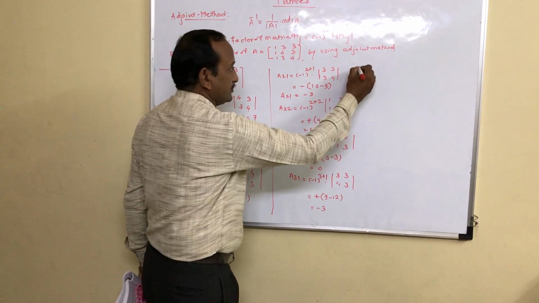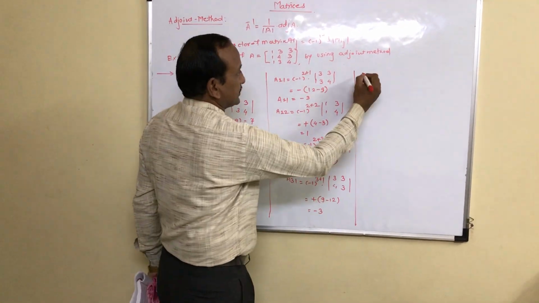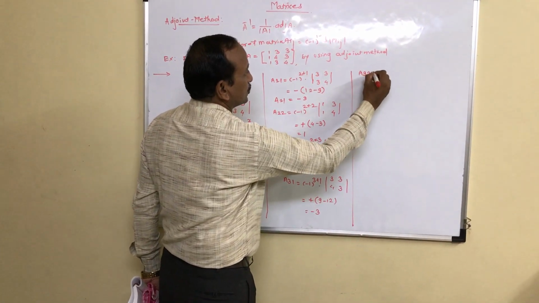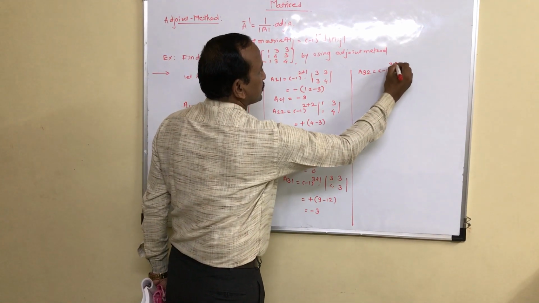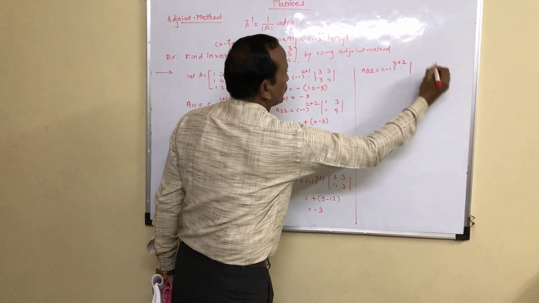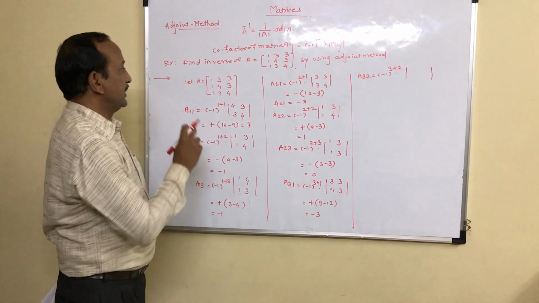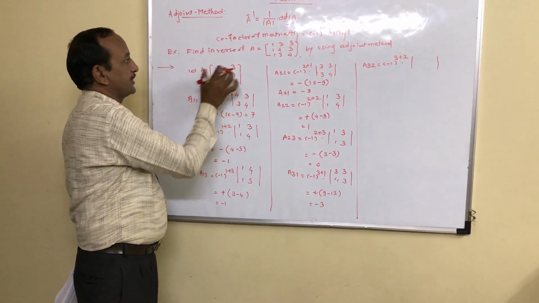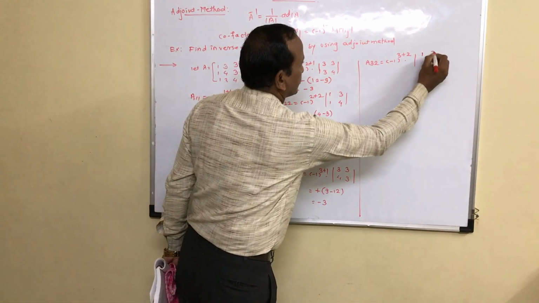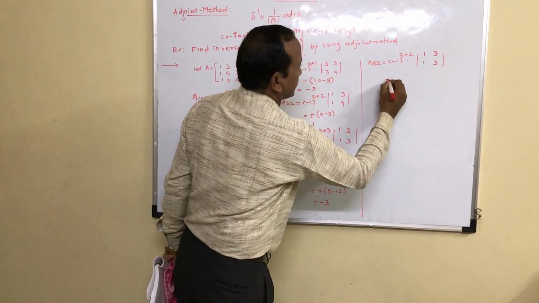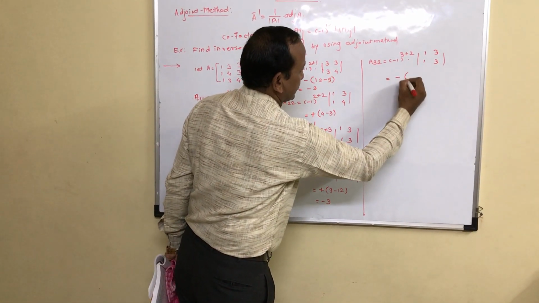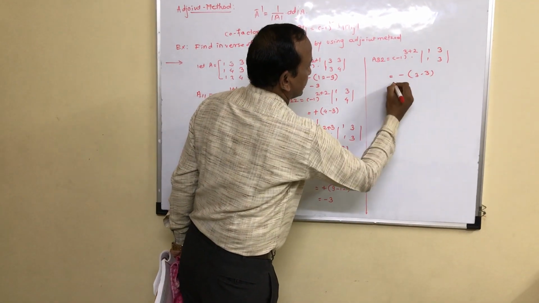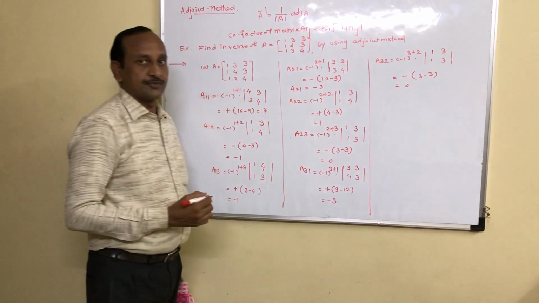Now find A32, minus 1 raised to power 3 plus 2 into minor, delete third row second column, minor is 1 3 1 3, minus into bracket 3 minus 3, which is 0.